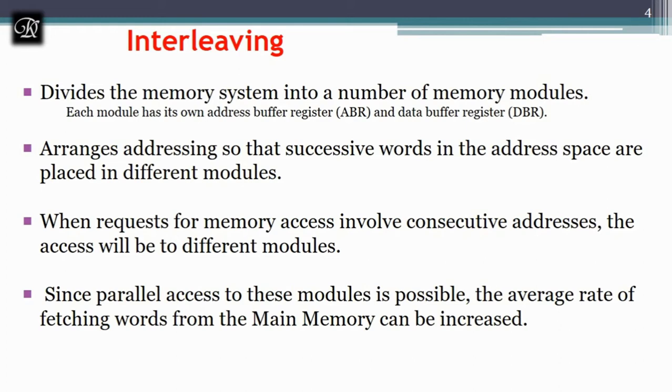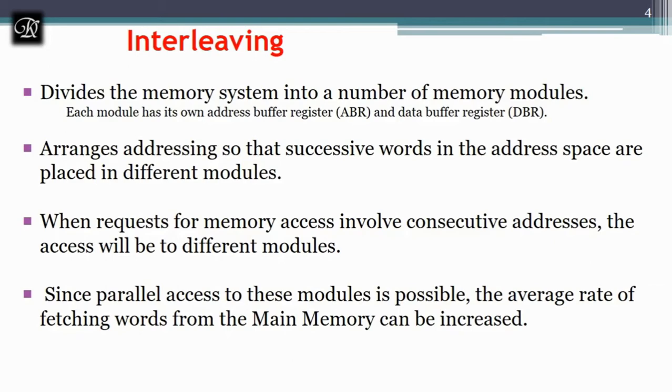So when I am accessing consecutive addresses, the system will be accessing different modules, so that the task can be done in parallel. Since parallel access to these modules is possible, of course it's going to increase the performance of the computer.